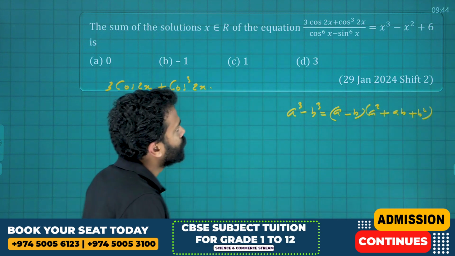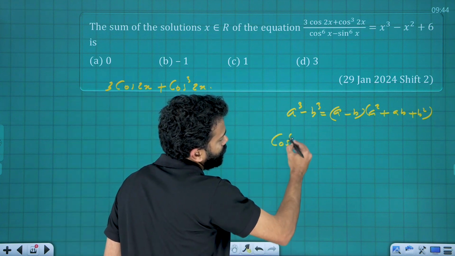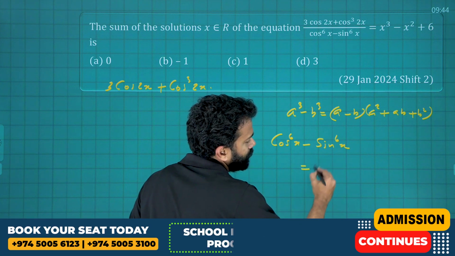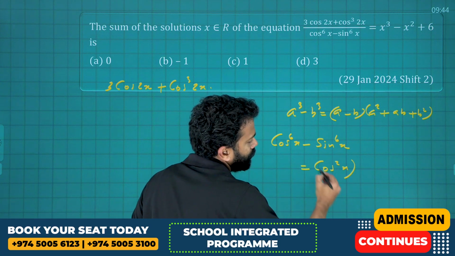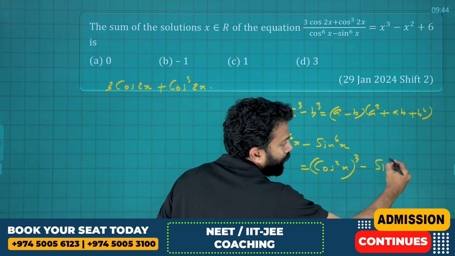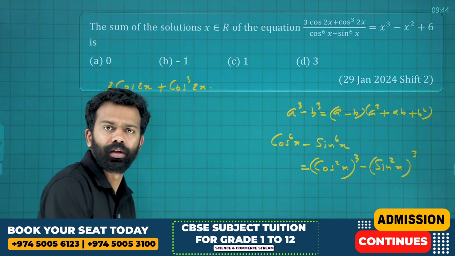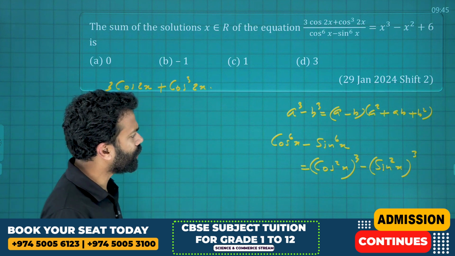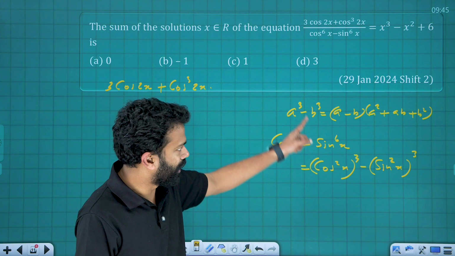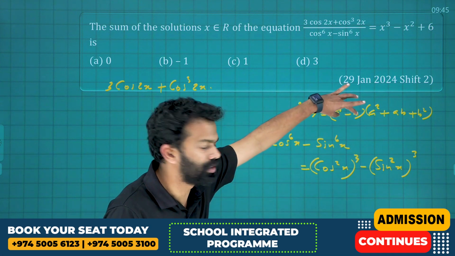So cos raised to 6x minus sin raised to 6x can be written like this: (cos square x) the whole cube minus (sine square x) the whole cube. That is in terms of a cube minus b cube. Instead of a we have cos square x, and instead of b we have sine square x. So just substitute this in this equation.